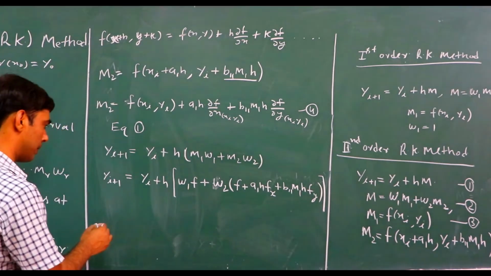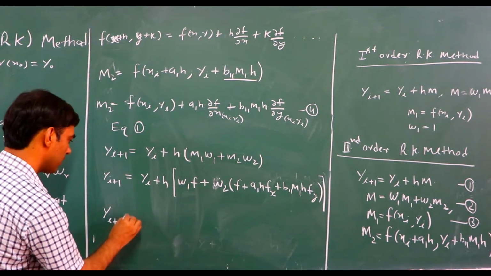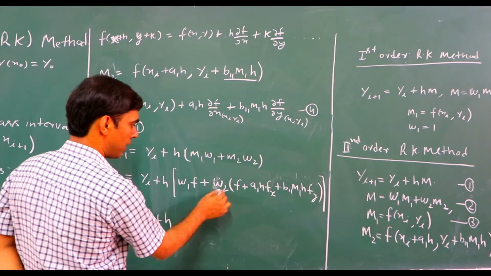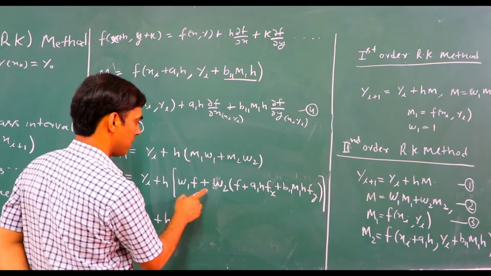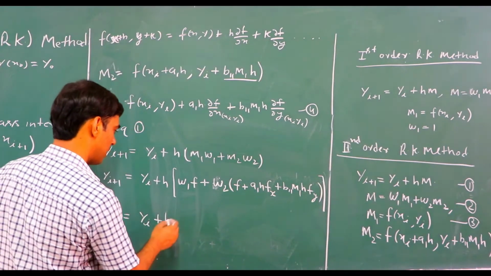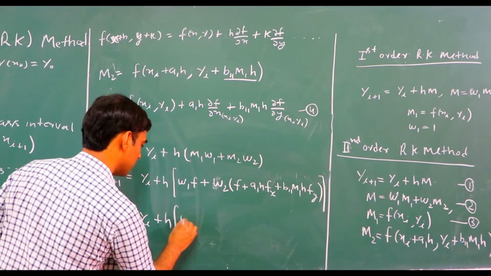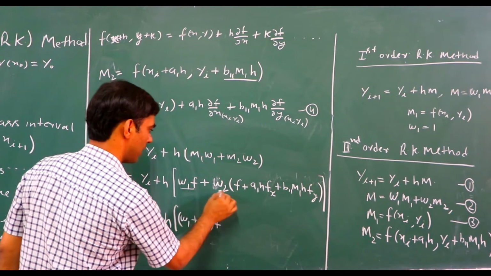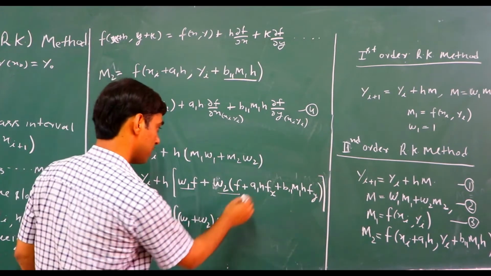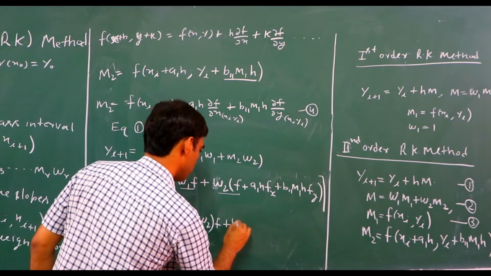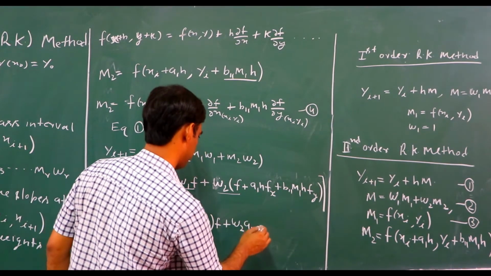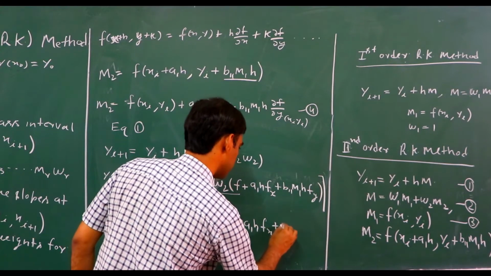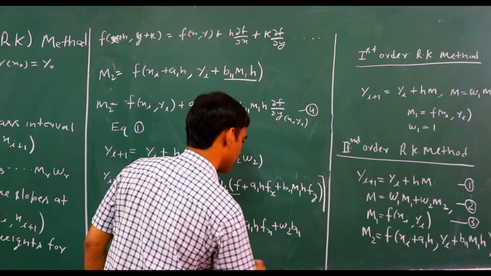If we simplify this, y_{i+1} becomes y_i plus h times W1 F and W2 F. We equate the terms of F in one place, so this becomes (W1 plus W2) F, plus W2 a1 h F_x plus W2 b11 F F_y.